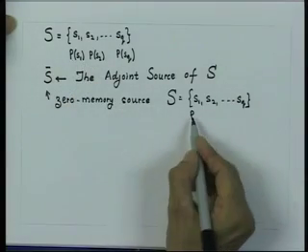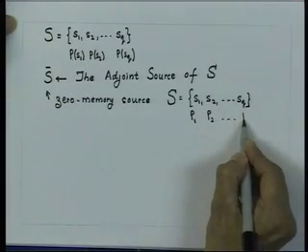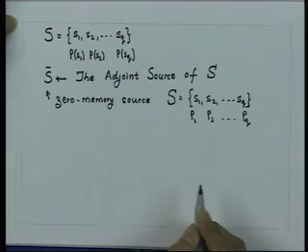I will denote this in abbreviated form as P1, P2 and Pq.